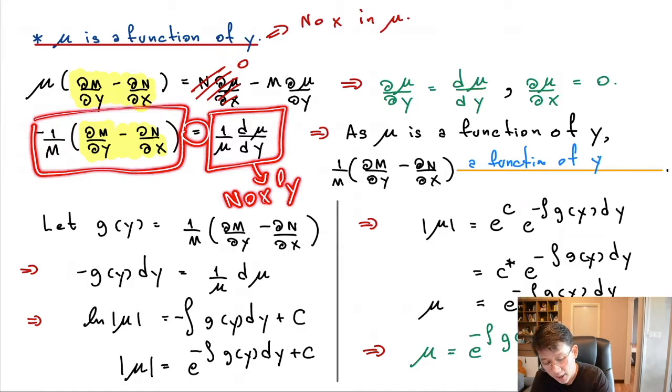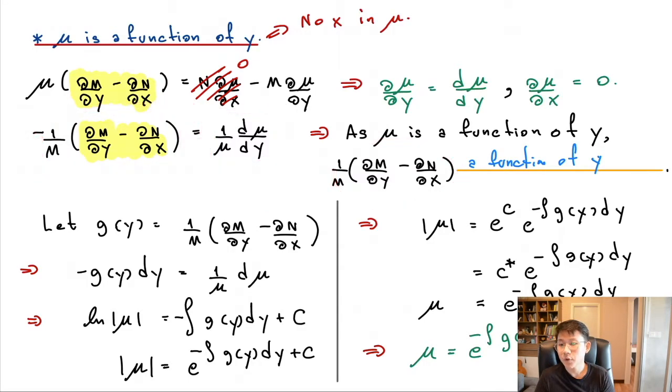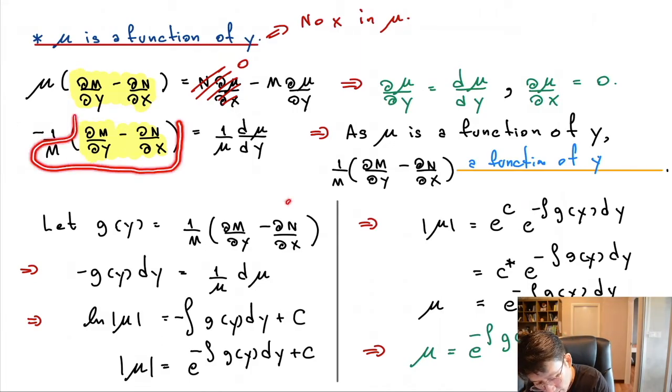So this guy must be a function of y as well. Okay, and if that guy is a function of y, we call it gy. Okay, we call it gy. And then guys, we do substitution. We put here, this guy is gy, right? It's gy. So we have that minus gy.